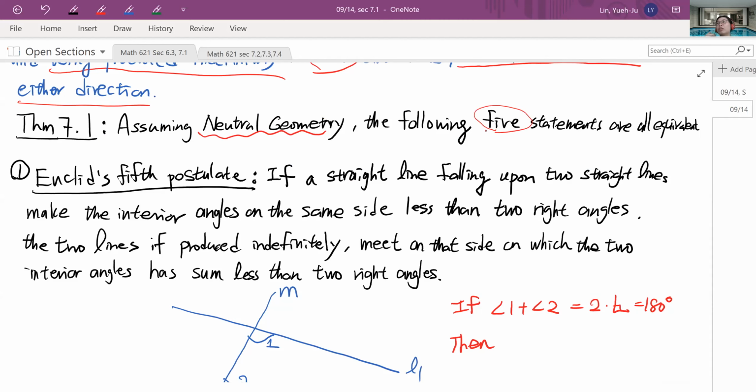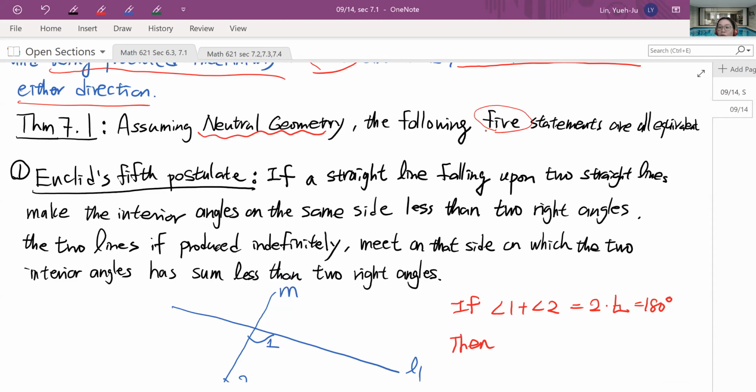Meaning we actually found 4 other alternatives or substitutes for the fifth postulate. That's why this is very important. I'm going to go over the 5 equivalent statements, and prove one by one how to show that these 5 are all equivalent.